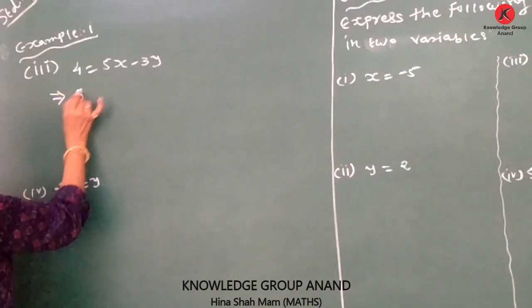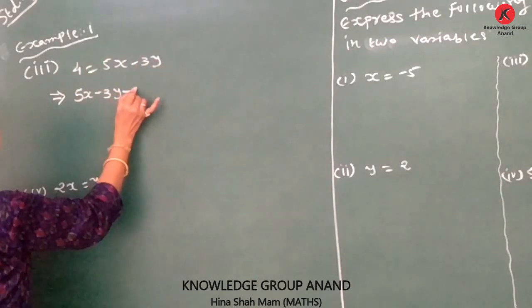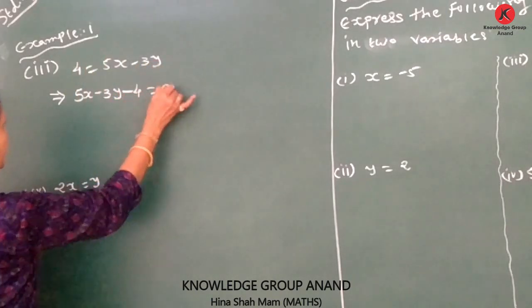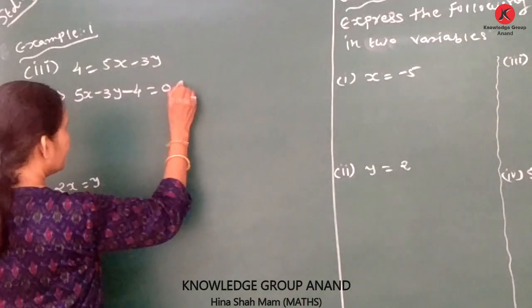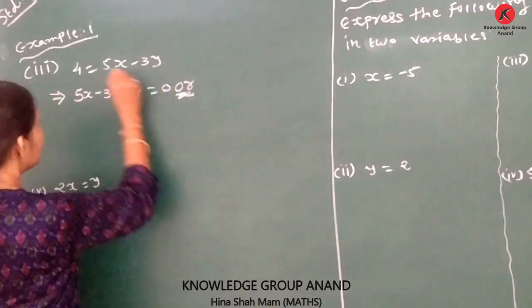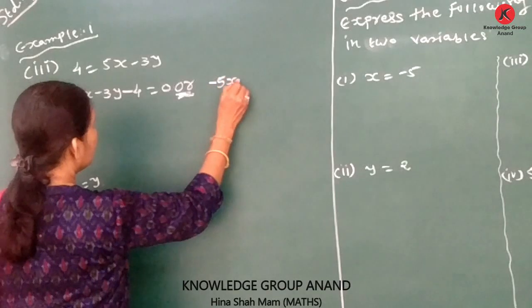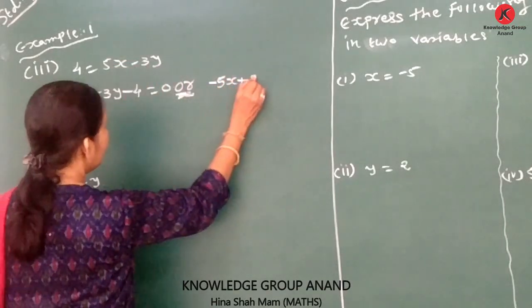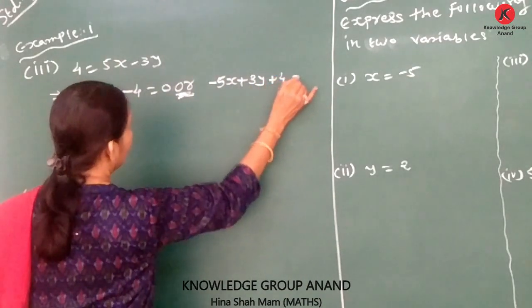First we write 5x minus 3y, minus 4 equals 0. Otherwise it is written as minus 5x plus 3y plus 4 equals 0.